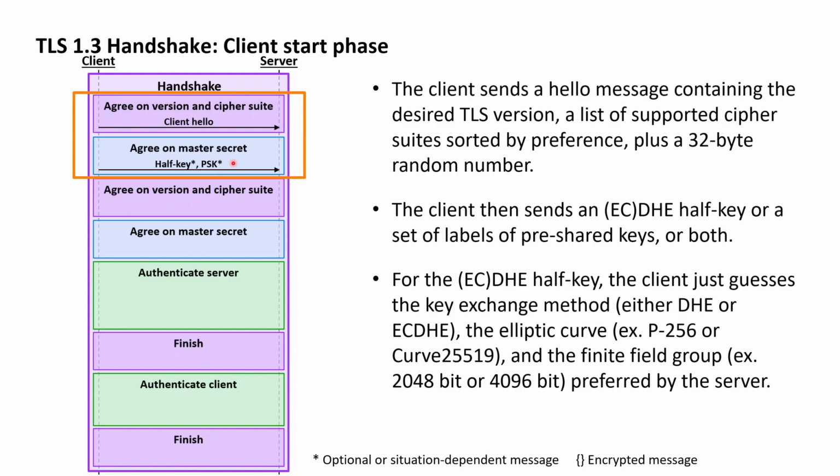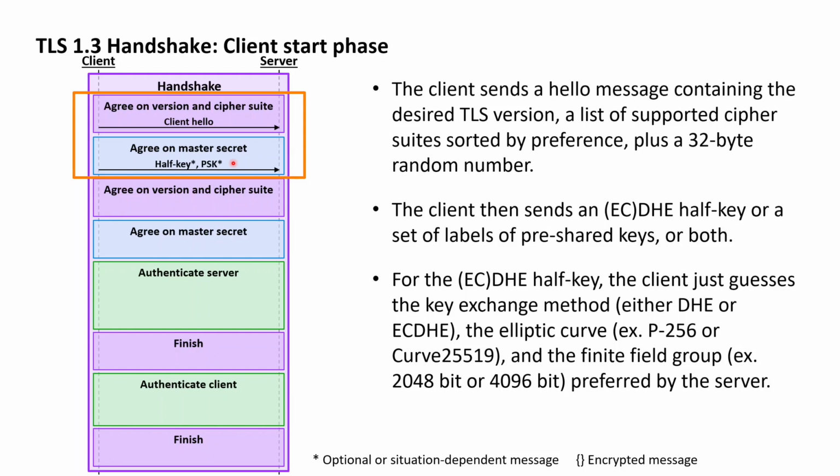At this point, the client doesn't know anything yet about the preferences of the server, so the ephemeral Diffie-Hellman half key sent by the client is just a guess of the client on the preferences of the server. For this, the client has to guess whether the server wants to use the ephemeral elliptic curve Diffie-Hellman key exchange ECDHE or the classic finite field-based ephemeral Diffie-Hellman key exchange DHE.